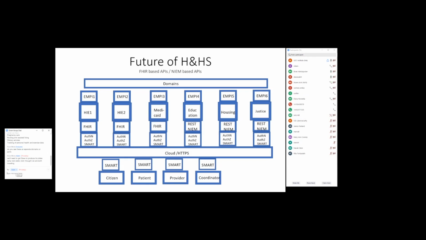I agree. That's the reason for doing the proof of concept. Yeah, I understand. Look, and I'll just say this, and then I'll shut up. You're right that SMART uses OAuth 2, but OAuth 2 doesn't have to be used only by SMART. In other words, absolutely. The two are independent.